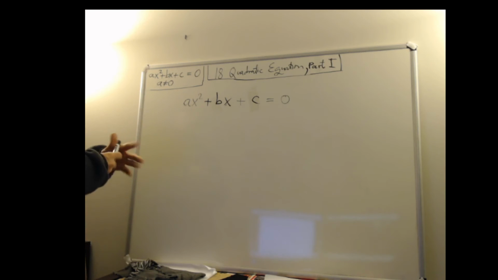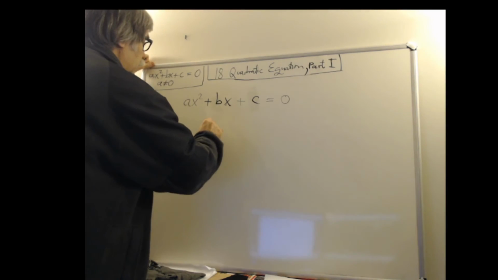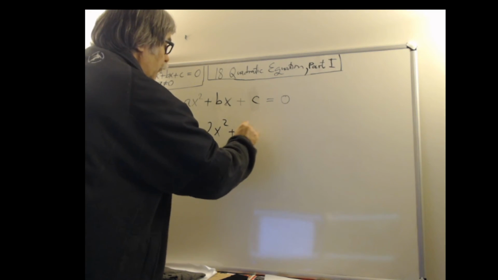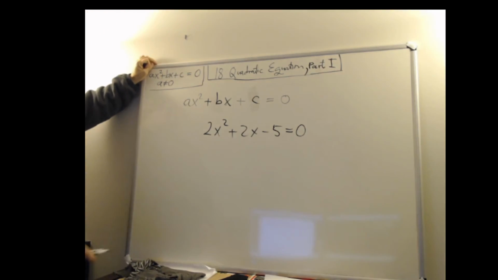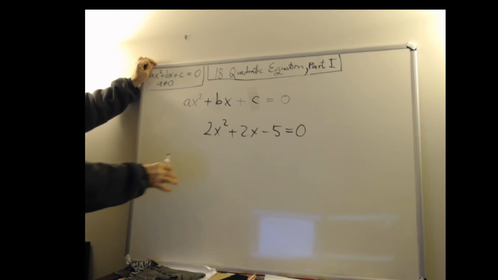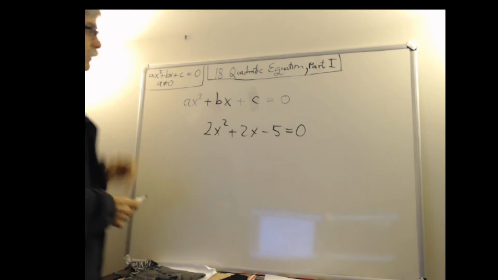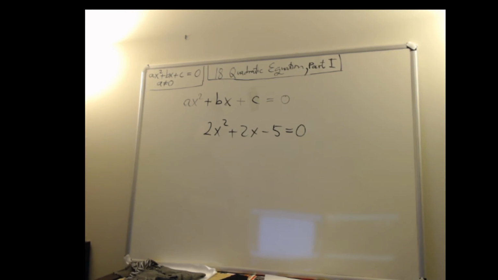So I'm going to have something like this. I have a term with an x squared, I have a term with an x, and I have another number attached to that. And so this is a quadratic equation, the standard format of a quadratic equation.